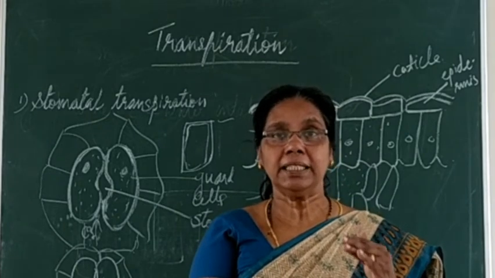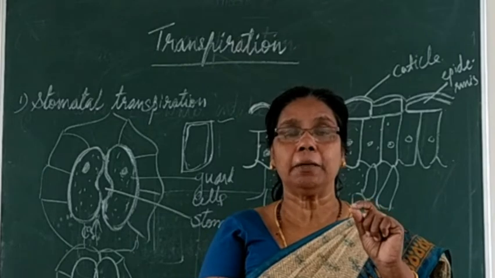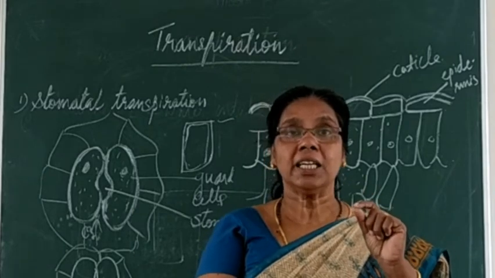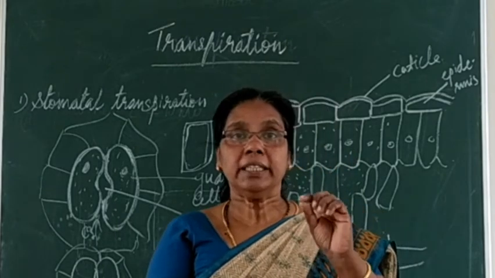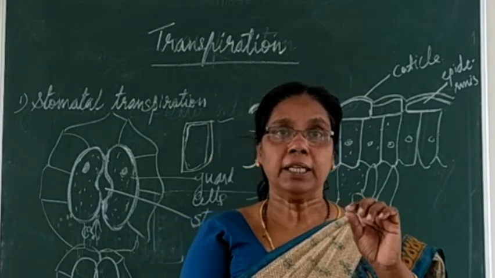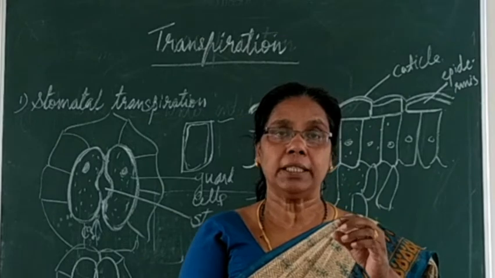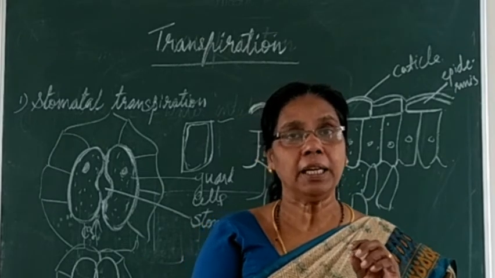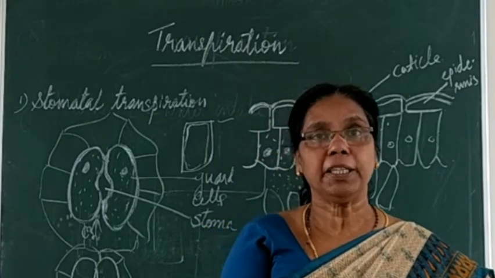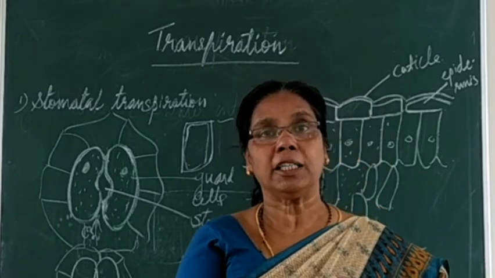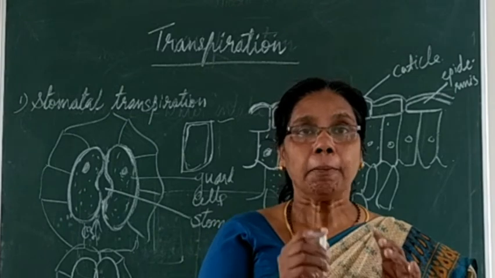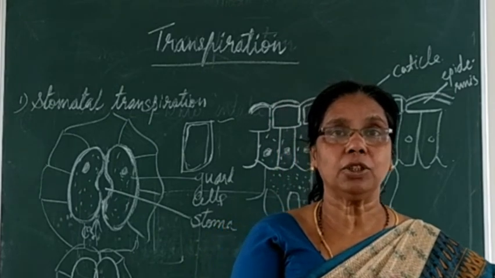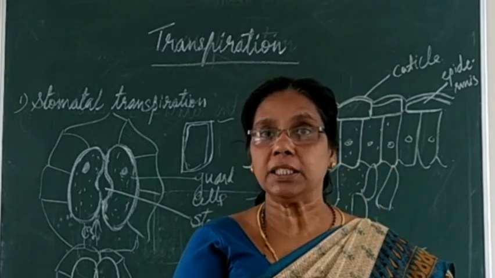Yes, lenticels are minute openings present on the stems or bark of the plant. Through these openings, plants even respire through lenticels. So for transpiration also, the excess water will be given out through the lenticels of the plant, which are usually present on the bark of the stem.